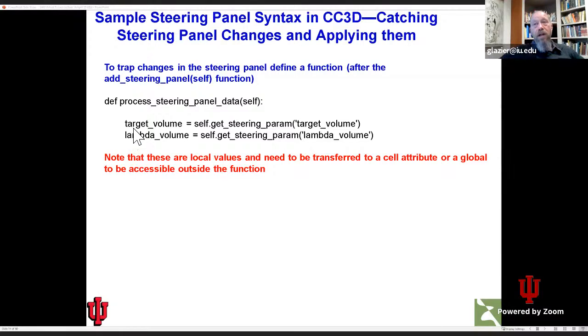So I could either write target volume into a dictionary entry for self.dict, which would get it out of the function, or I could write it into cell.dict if I wanted. If I want to make this available otherwise, I have to use a global that allows me to transfer that information in and out, which I don't recommend. So there's a little bit of a trick to being able to use these steering panels.